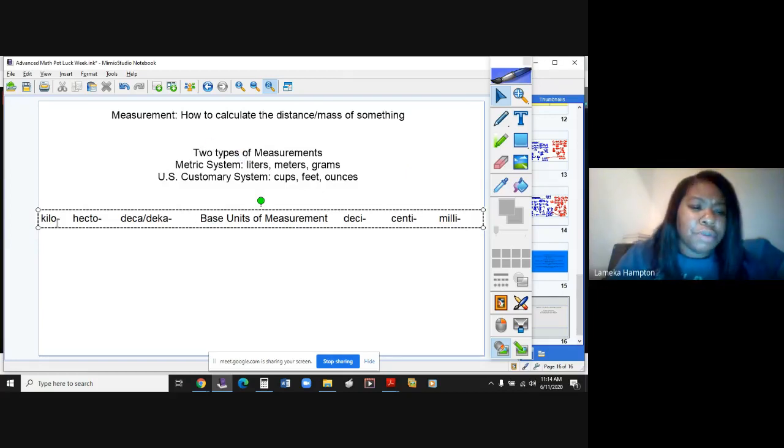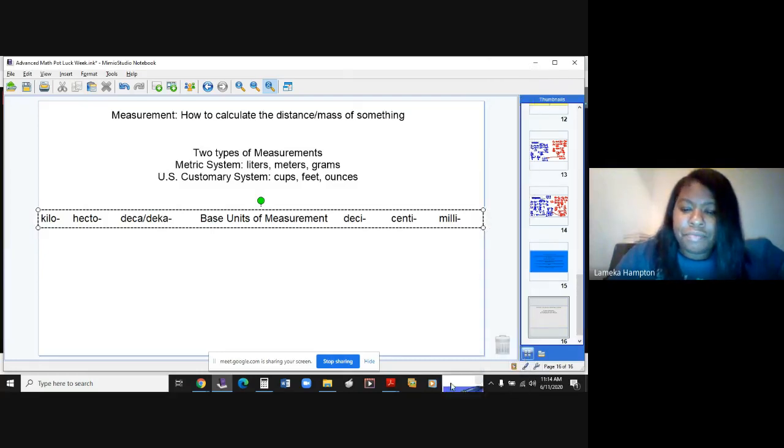So for example, we have kilo, hecto, deca, and it's spelled with a C or K, depending on where you live. The base units of measurement, deci, centi, and milli. Now, as a logophile, meaning I'm a lover of words, it's important to me that you all understand what these prefixes mean.